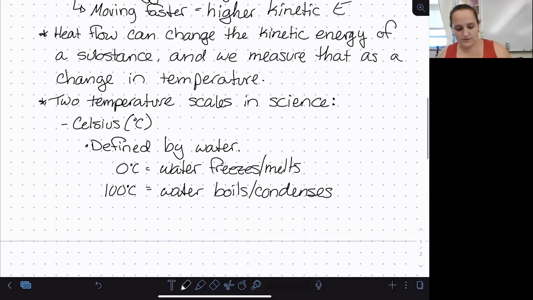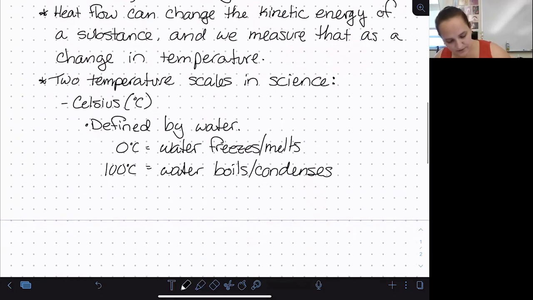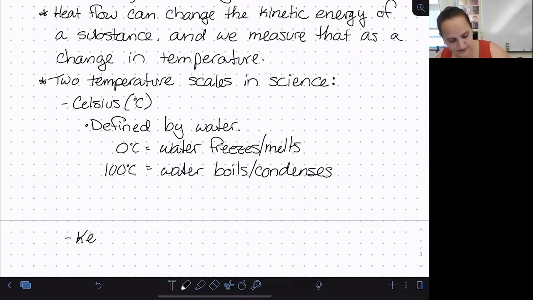So the other scale that we use is known as the Kelvin scale, which is just abbreviated capital K. There's no degree. The unit is not the degree. The unit is the Kelvin.